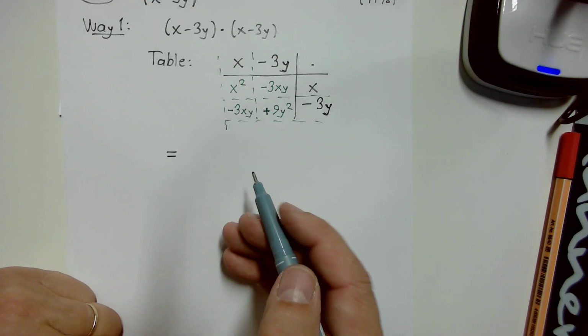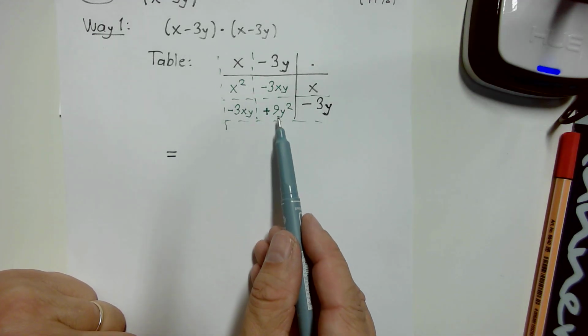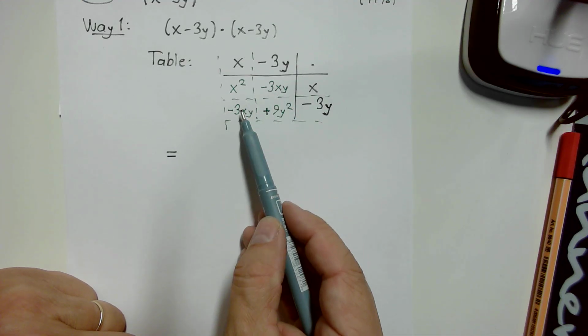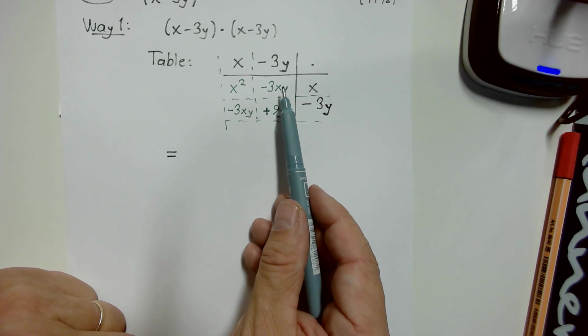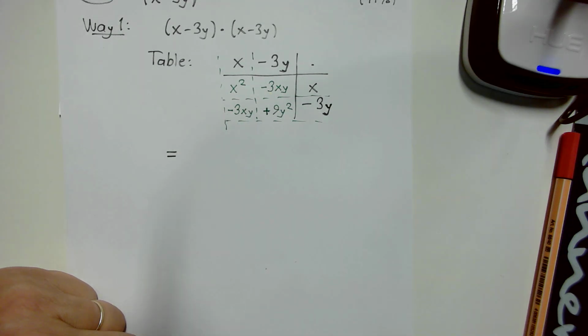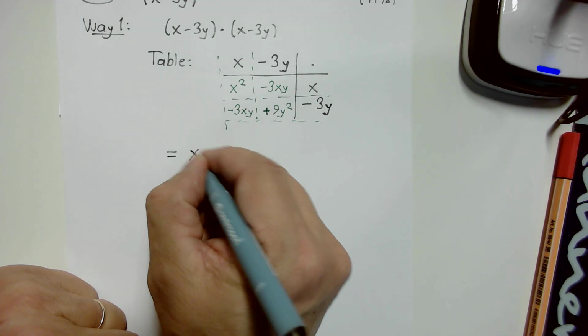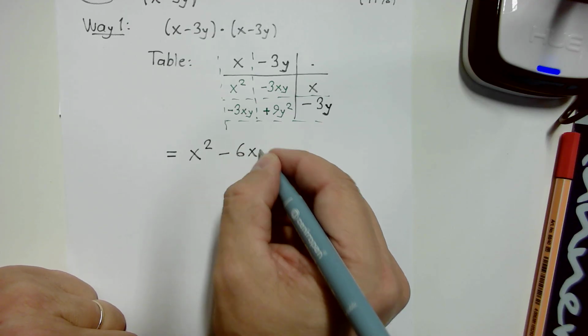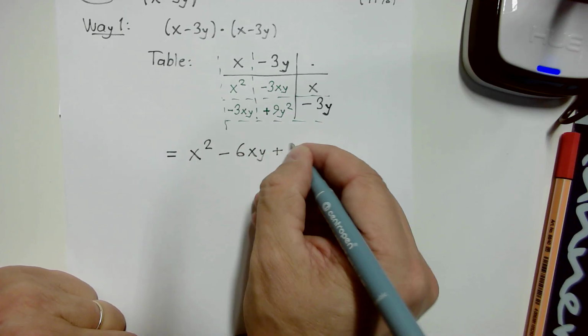And then we have here x squared and 9y squared, and then we have these xy parts, minus 3 and minus 3, so minus 6. So the final answer is x squared minus 6xy plus 9y squared.